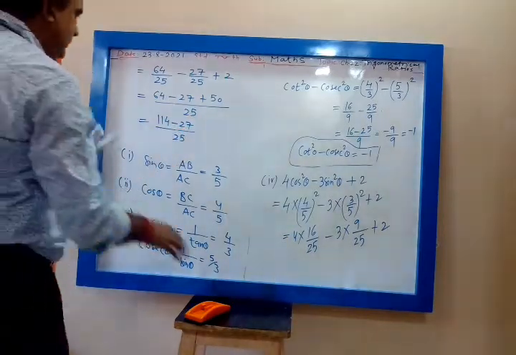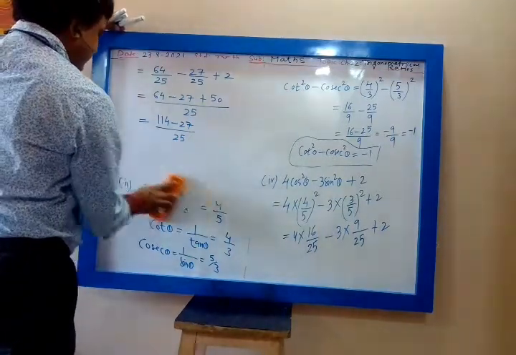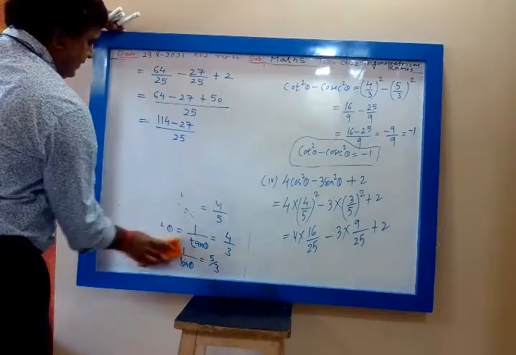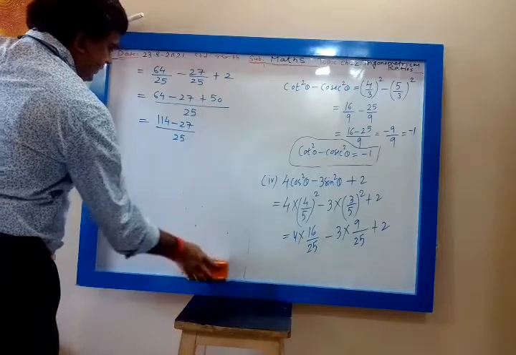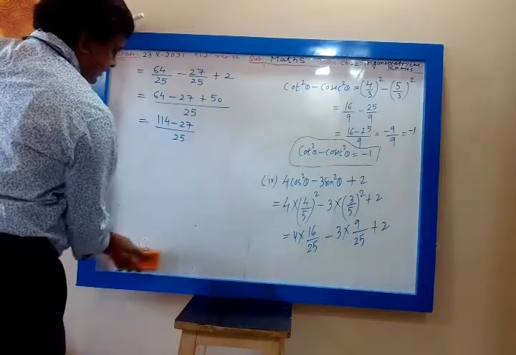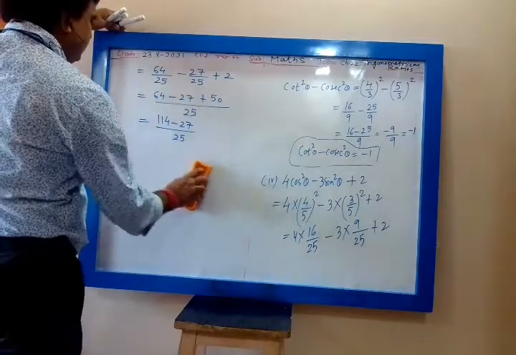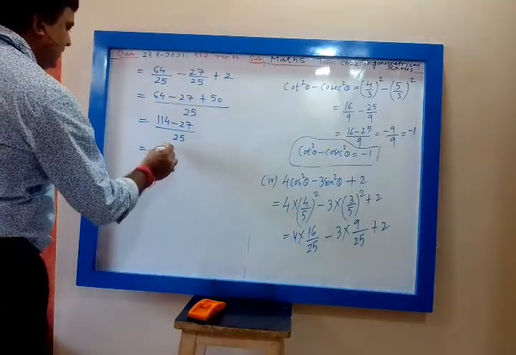Simplify. That is 14 minus 7, 7. Then 87 upon 25. Answer is 87 upon 25. You can convert it into a mixed fraction.